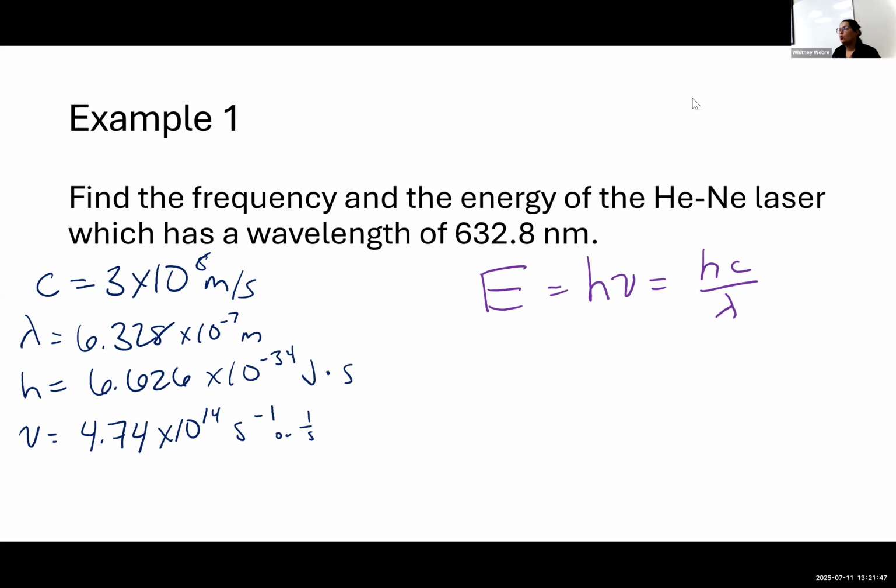It doesn't matter which equation you use, because for this equation I just need frequency, and for this equation I just need C and wavelength. I'll do one example with one equation and the next example with a different equation. You just need to do what's easiest for you. For instance, if you forgot how to solve for frequency and blanked, just use the other method. You can pick and choose what you're most comfortable with.